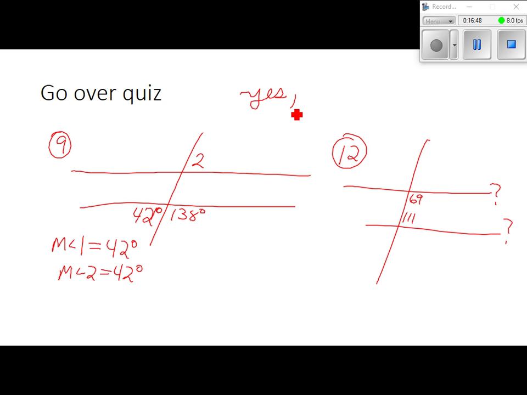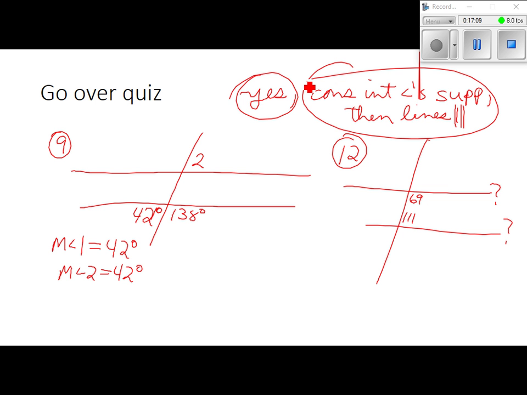Because they are consecutive interior angles, and they add up to 180, supplementary. Then what's true? The lines are parallel. You've got to write these out. I think I just said that right before the quiz, right? So that'd be worth 2 points. The yes is worth 1 point. If you wrote that theorem out, there's the second point.